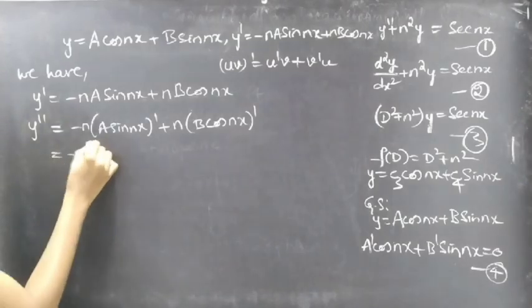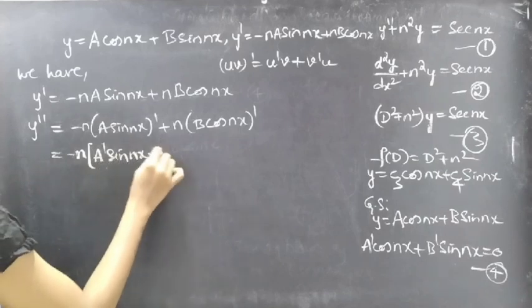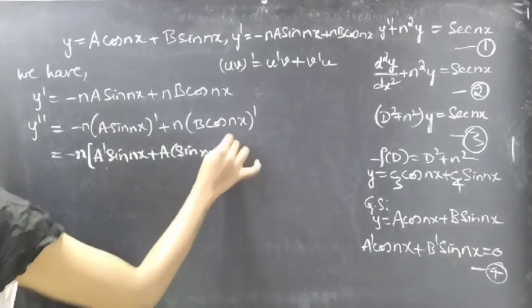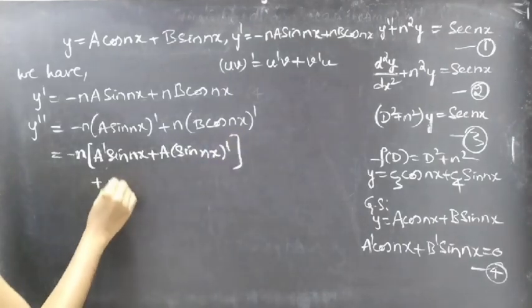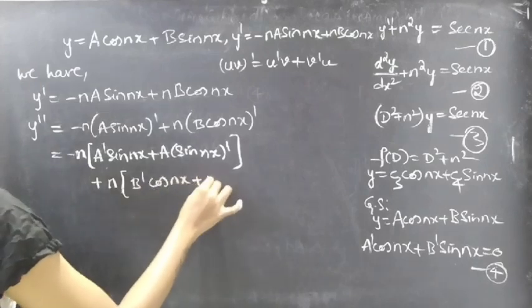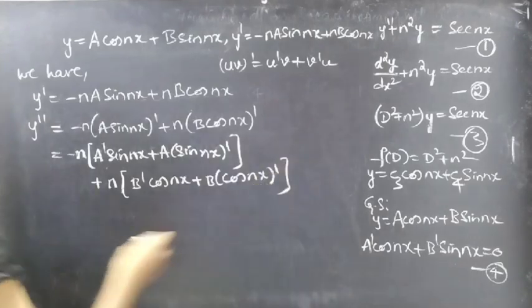This gives us minus n into a dash sin nx plus a into sin nx dash, plus n times b dash cos nx plus b into cos nx dash, right?